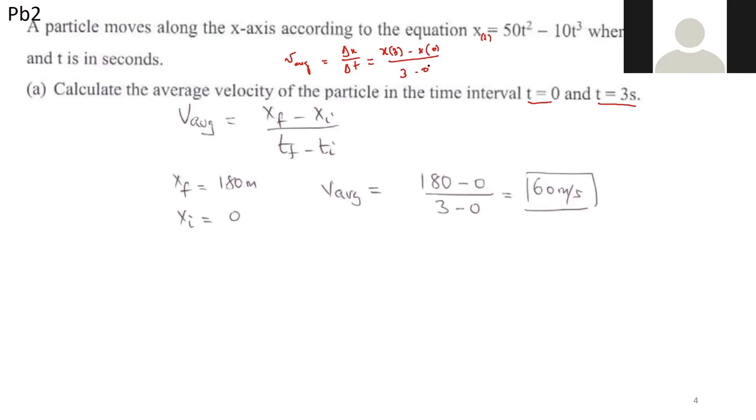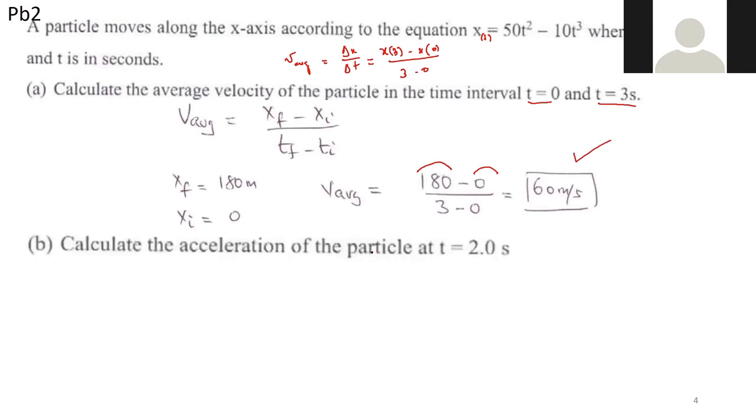So let's do that. For x at 3, you just substitute t equals 3 and you get this. x at 0 is equal to 0. Then you divide by 3, and it gives you the average velocity.